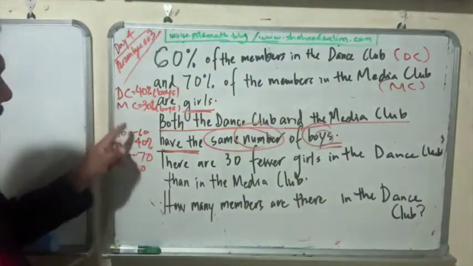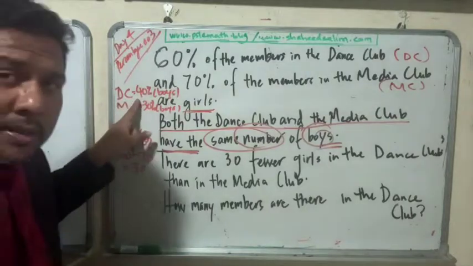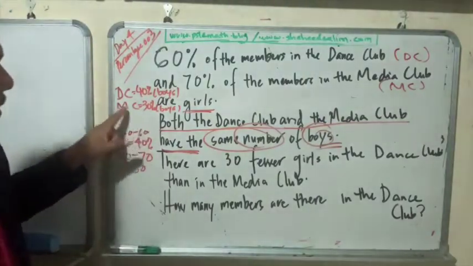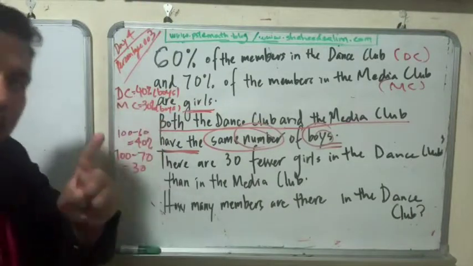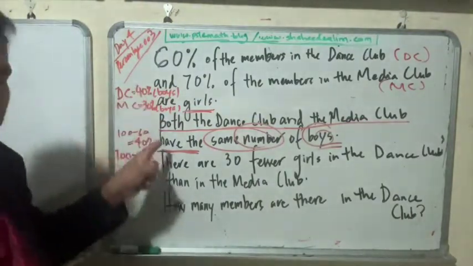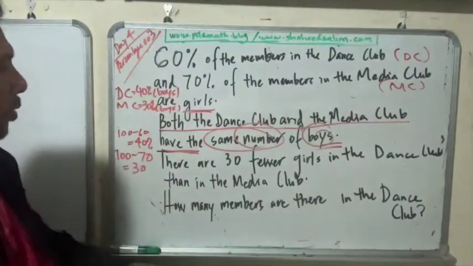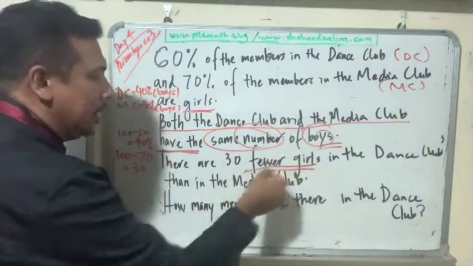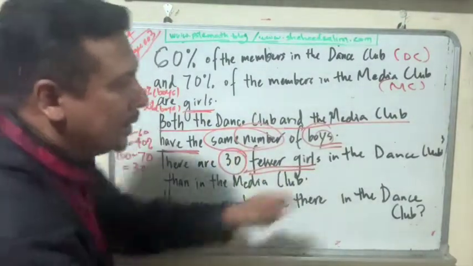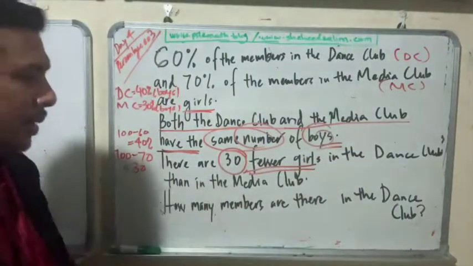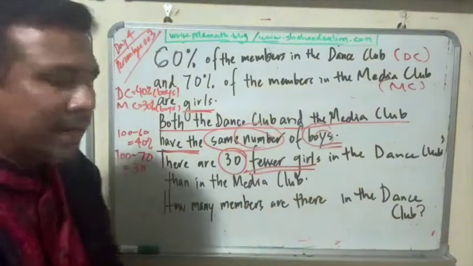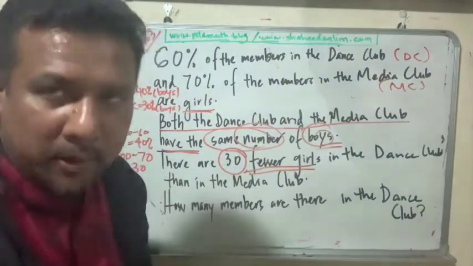So in this case, this 40% of boys, this 30% of boys, they represent the same number. Although they are different in percentage, they are the same. The next clue, we are told that there are 30 fewer girls in the dance club than the media club. And the question asks you, how many members are there in the dance club? You will solve this in a moment.